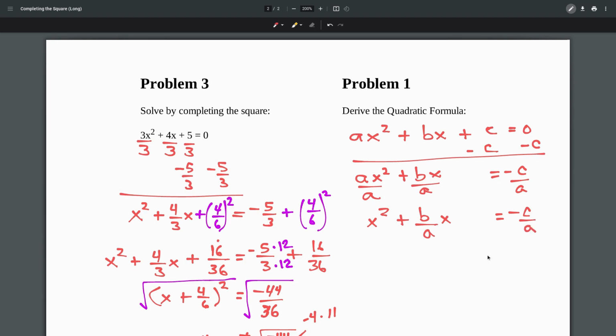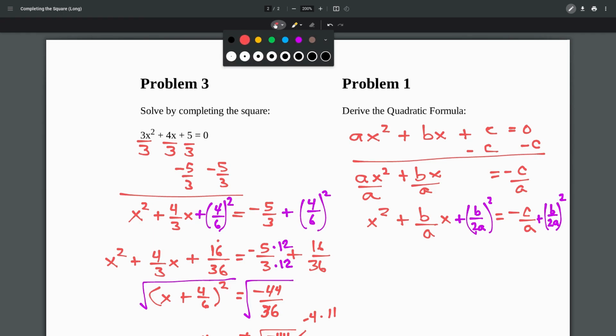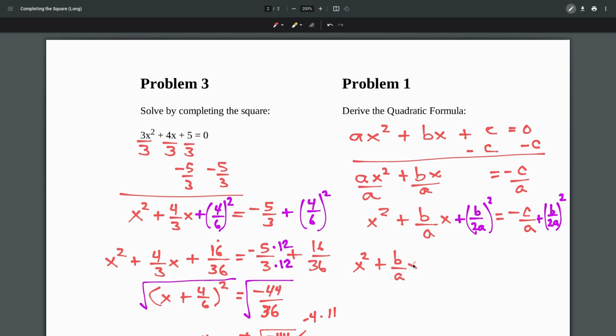Okay, so what I want to do is take half of b over a and square it and add it to both sides. So I'm going to add b over 2a squared to both sides. So I'm going to get x squared plus b over a x plus b squared over 4a squared.